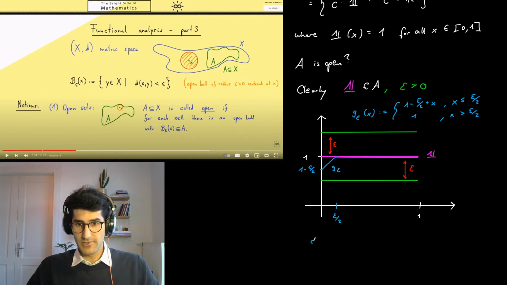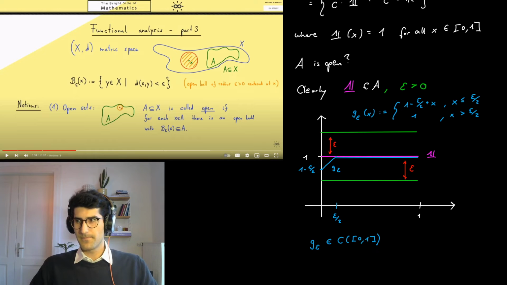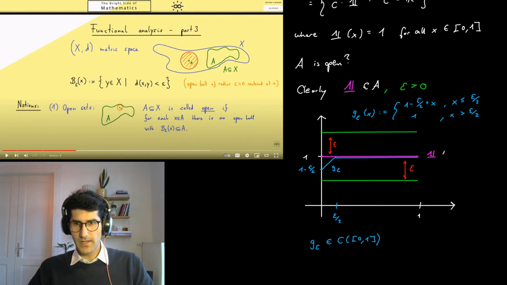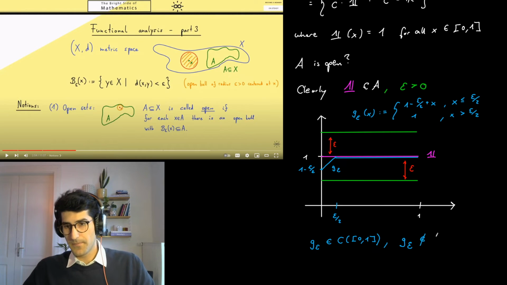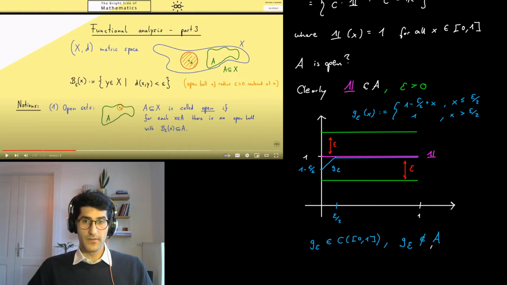The first observation, g epsilon is a continuous function. Of course, it's continuous. There are no jumps in here. Everything is fine. The other thing that you observe is g epsilon is not constant. So g epsilon is not an element of the constant functions.